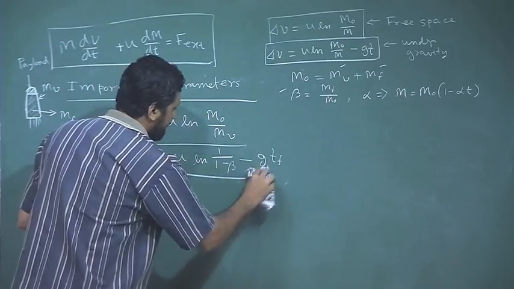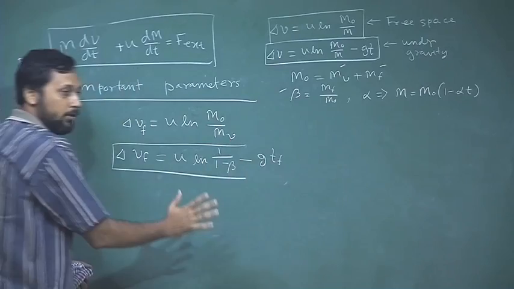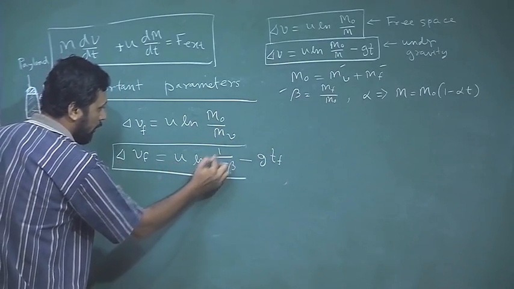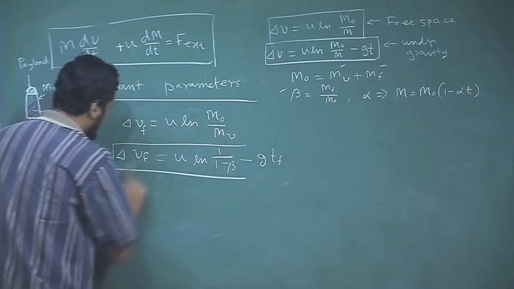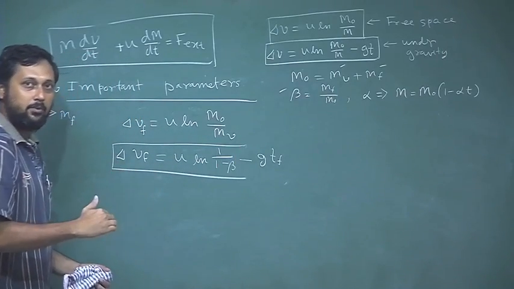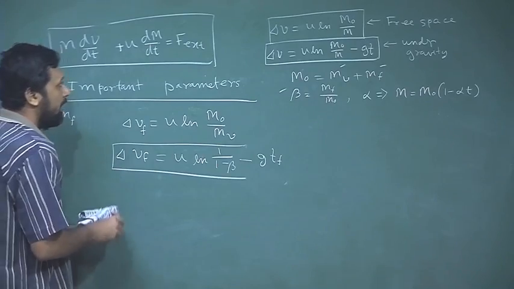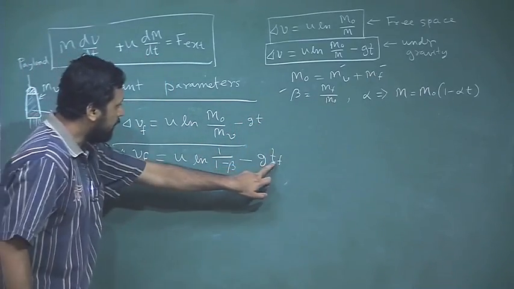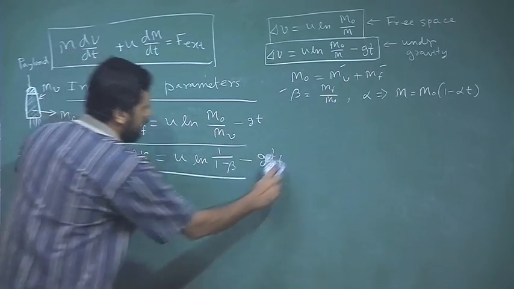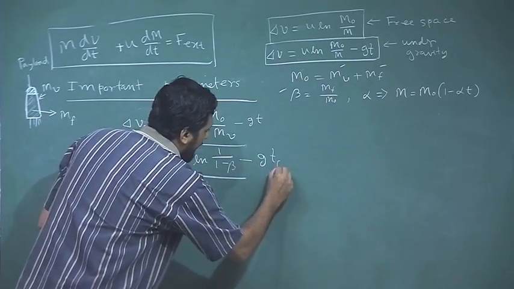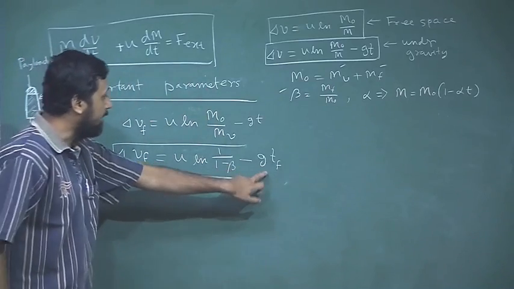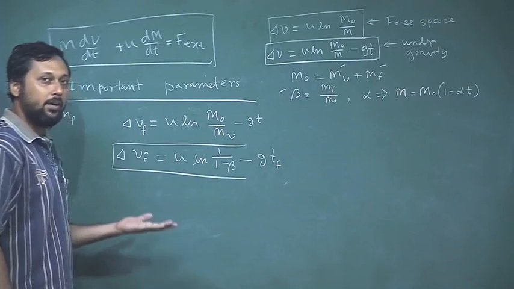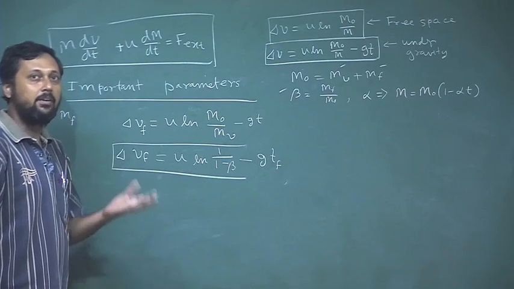So, when we consider a rocket in free space, the final change in velocity is given by u ln 1 by 1 minus beta only, and when we consider gravity, we have an additional term of minus gt, where we put t equal to Tf. Tf becomes the time of flight, the total time for which a rocket can fly using its fuel.